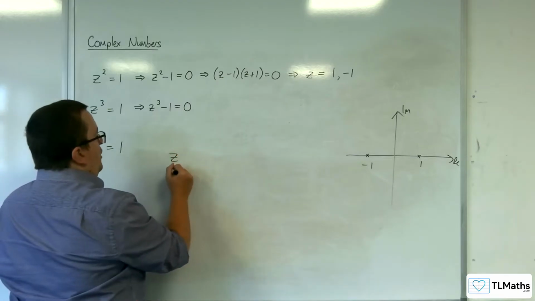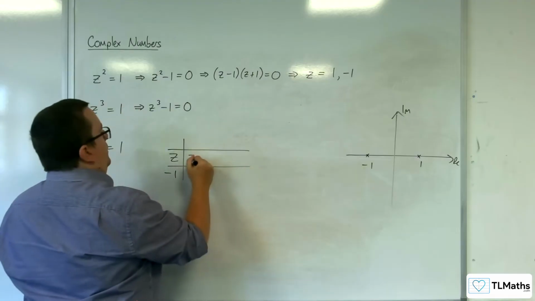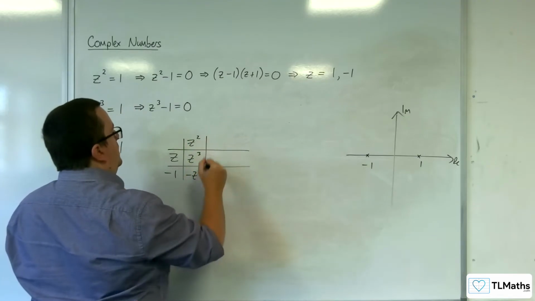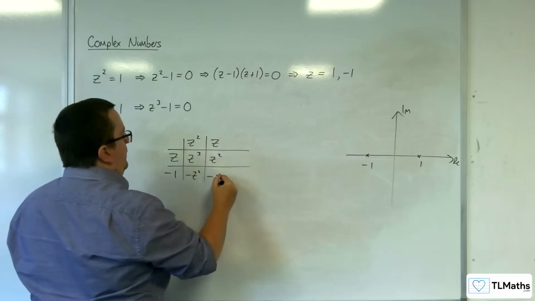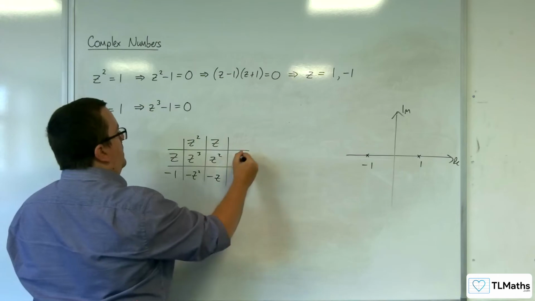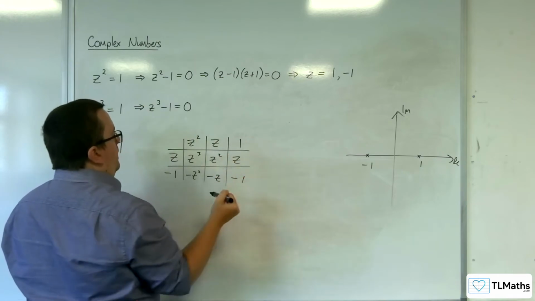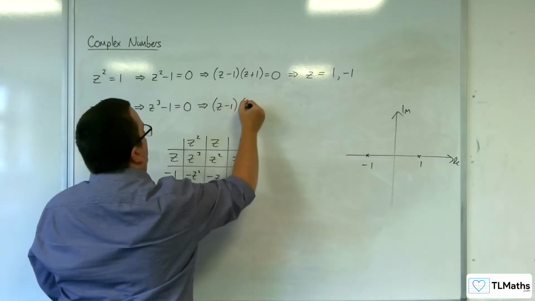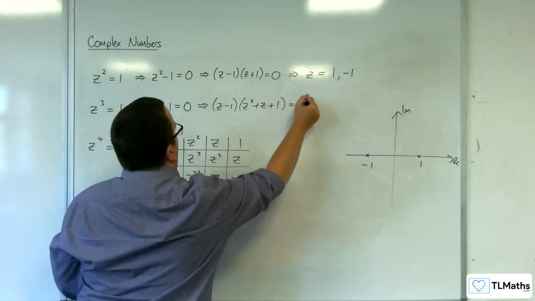So with a little bit of polynomial division, this factorises to Z take away 1, Z squared plus Z plus 1 equals 0.